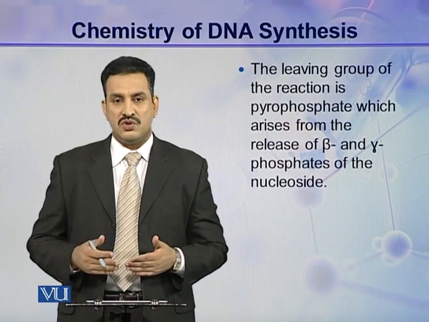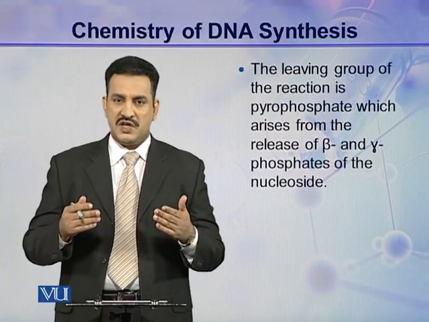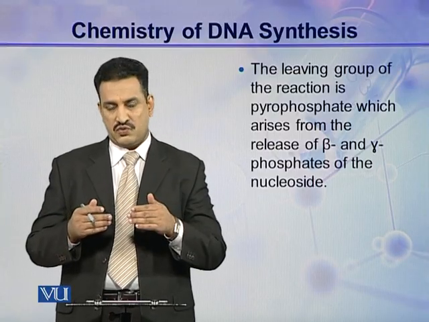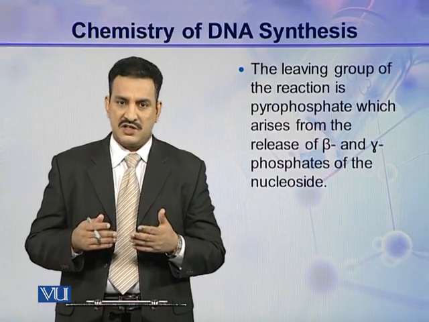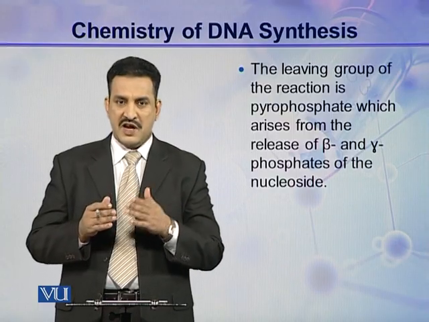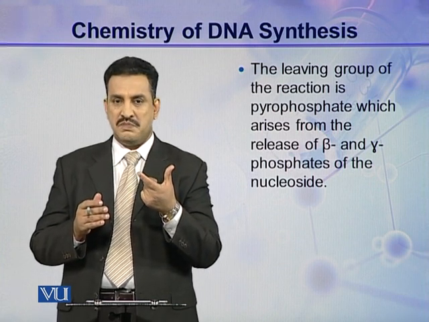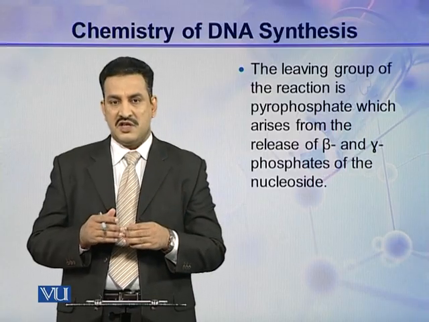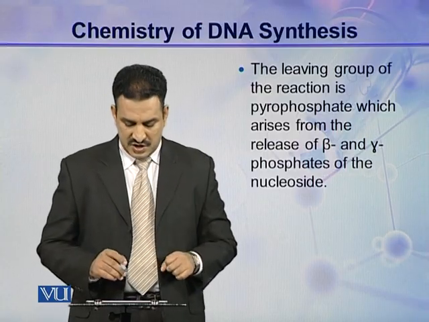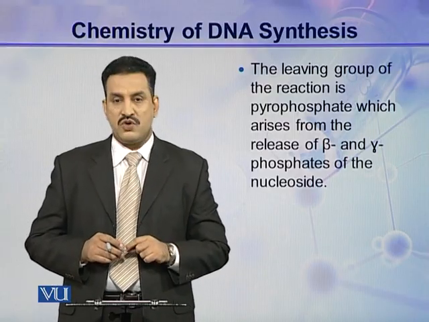As you have seen, the 3' OH attacked the alpha phosphoryl bond. As a result of this attack, that bond was broken, and the two phosphate groups, the beta and gamma phosphate groups, are released, and these two phosphates are called pyrophosphate.